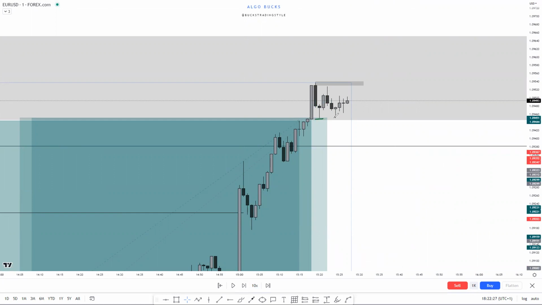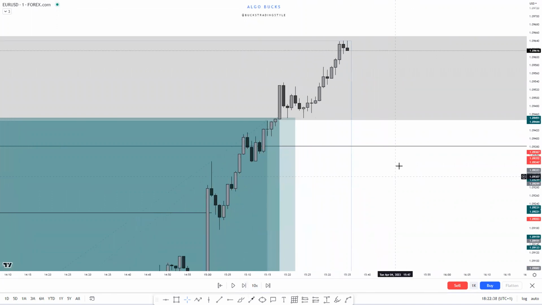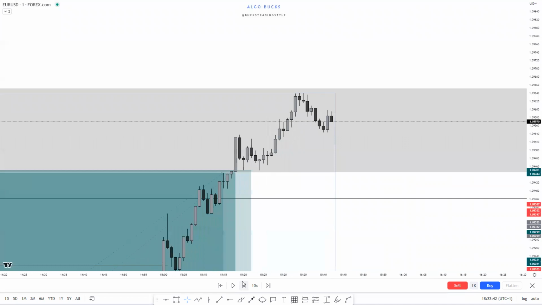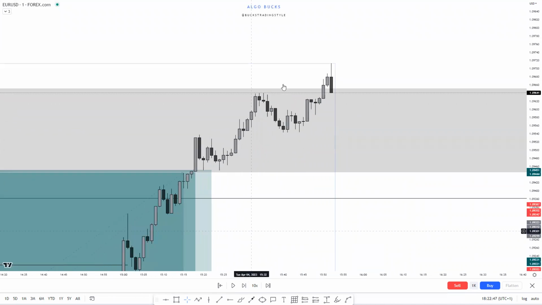But then this low is lower than this one, so there was no delivery. So we cancel out this POI, no sell opportunity. No reason to take a sell until that POI got broken, until this POI got broken right here.